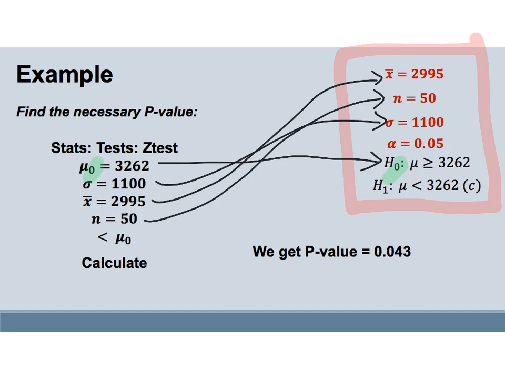Then you've put in the sigma, you've put in the X bar, you've put in the N. Then you get a choice of not equal to mu naught, less than mu naught, or greater than mu naught.